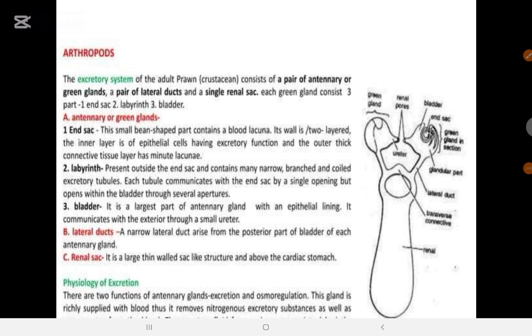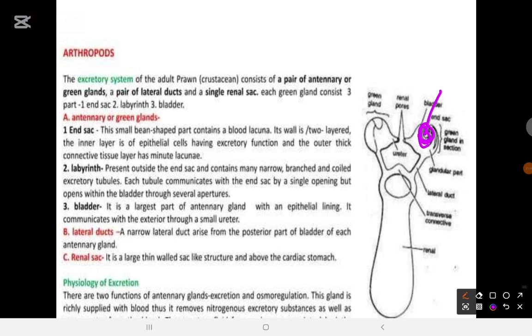The labyrinth is present outside the end sac and contains many narrow branches and coiled excretory tubules. So if you look at this structure here, you're going to see this somewhere around outside of the end sac. So that is the labyrinth.